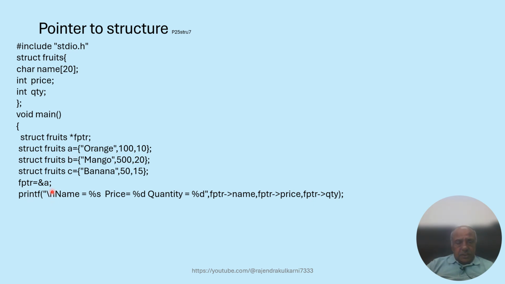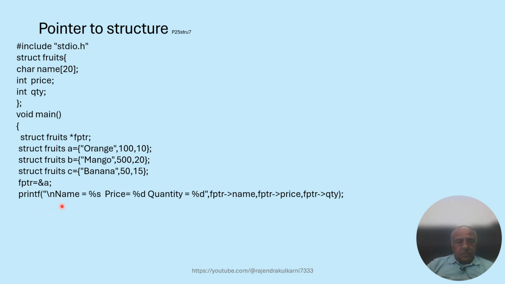So FPTR now holds the address of variable A of type struct fruits. Then we are accessing the data that has been assigned to elements of structure variable A using this printf statement and using the pointer notation.